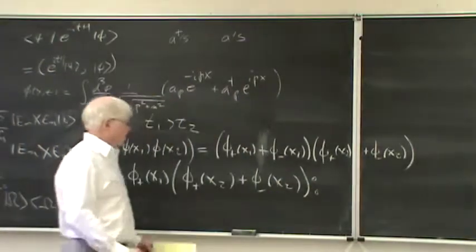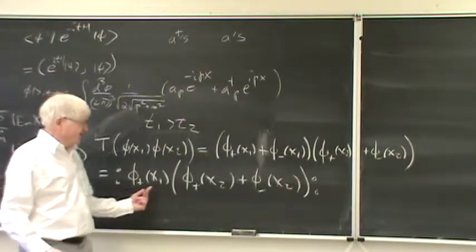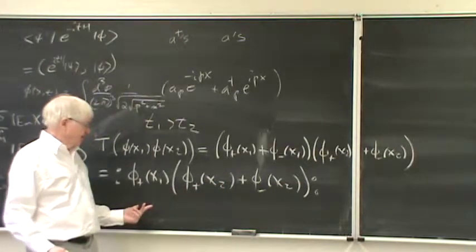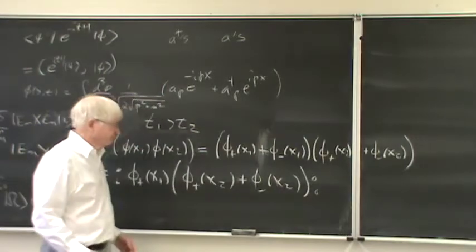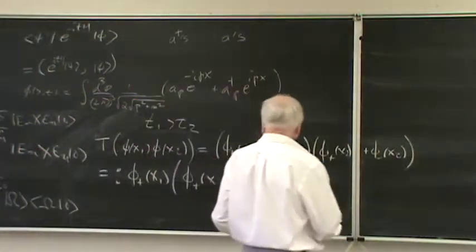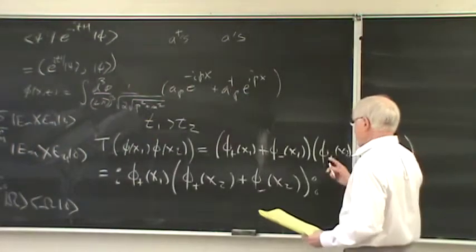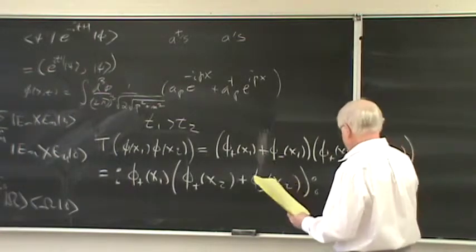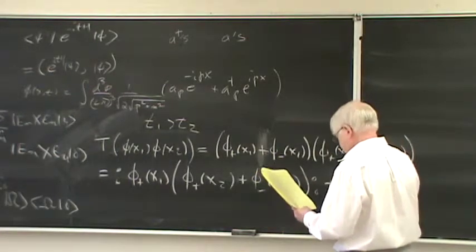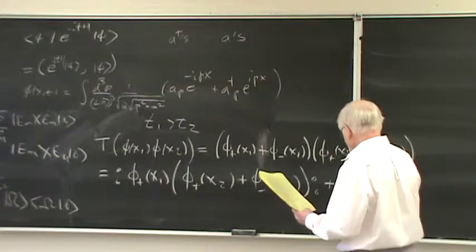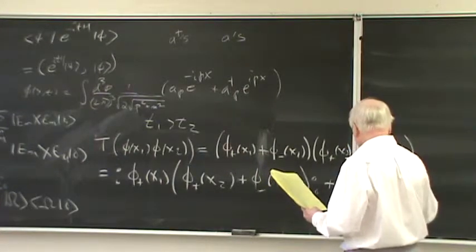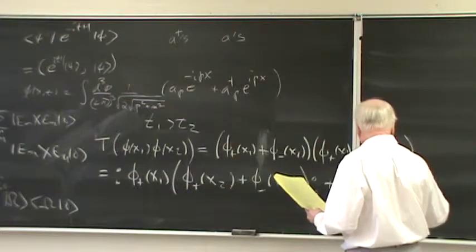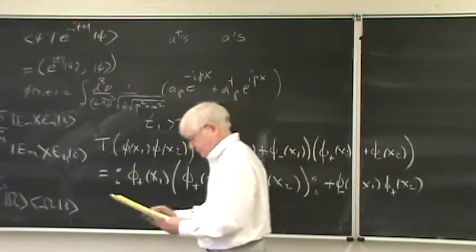Okay, so the normal ordering doesn't do anything to these terms. It just leaves them in their time-ordered form. But we've got a remaining term here, and the remaining term is plus phi minus of x1 phi plus of x2. Now this one is not normal ordered.